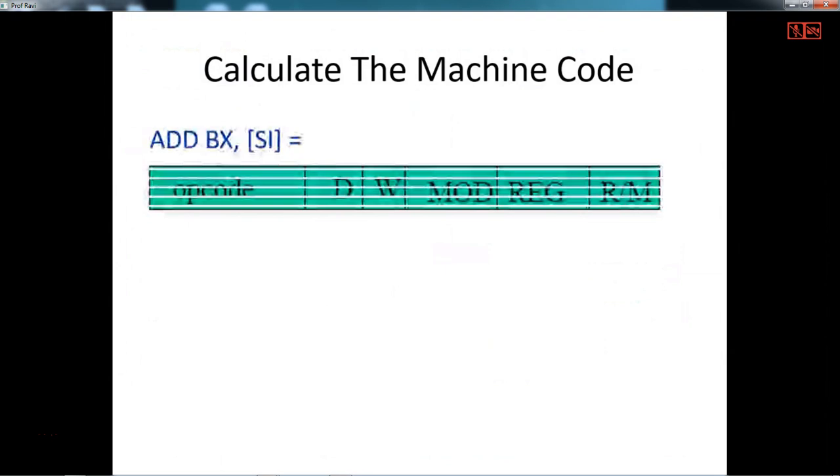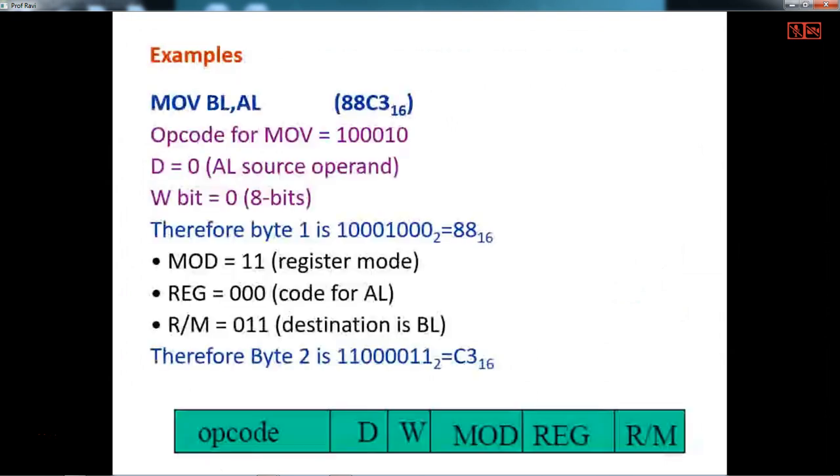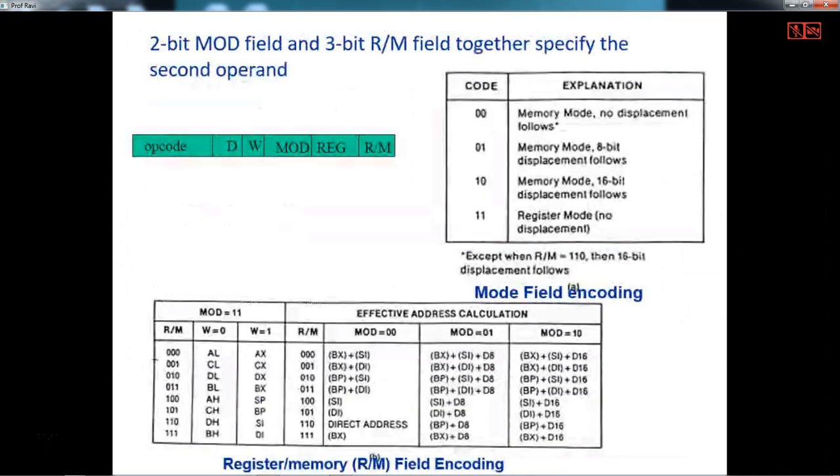Now if you have an instruction, add bx comma si, then its machine code is calculated like this. You have an opcode for adding, then the destination D and W. Here D is your destination, and AL is the source operand, which is 8-bit. W is 8-bit or 16-bit.